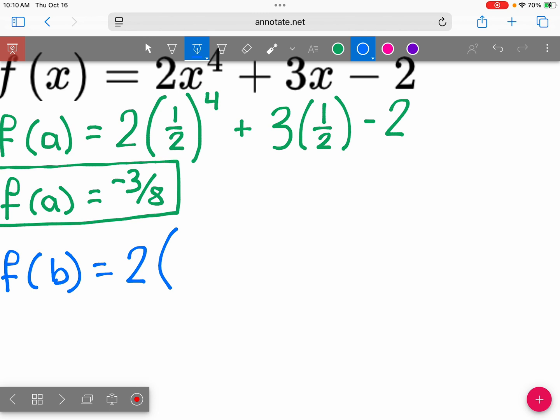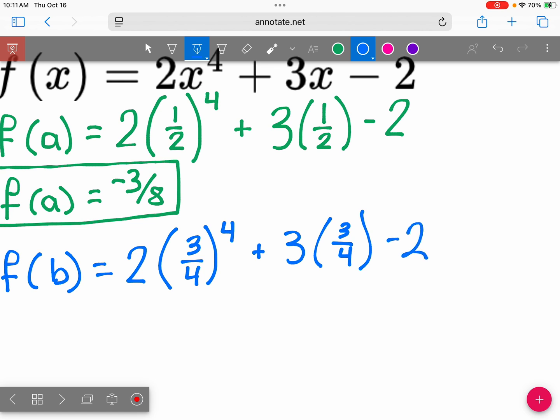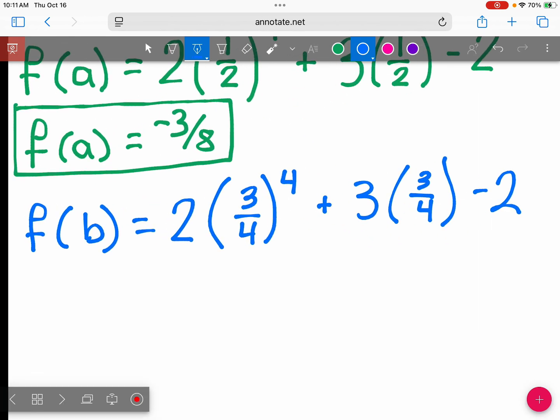So we're going to put our 3/4 in on this one. You will probably have a quite large denominator.